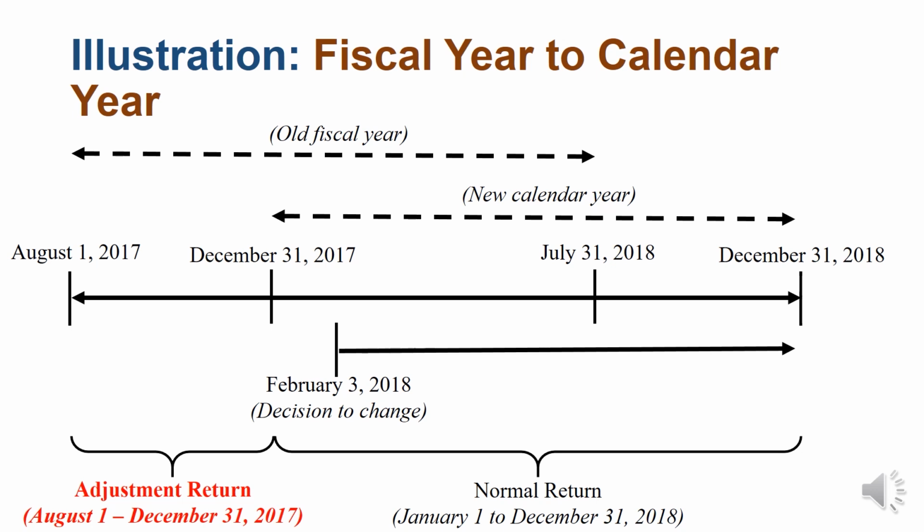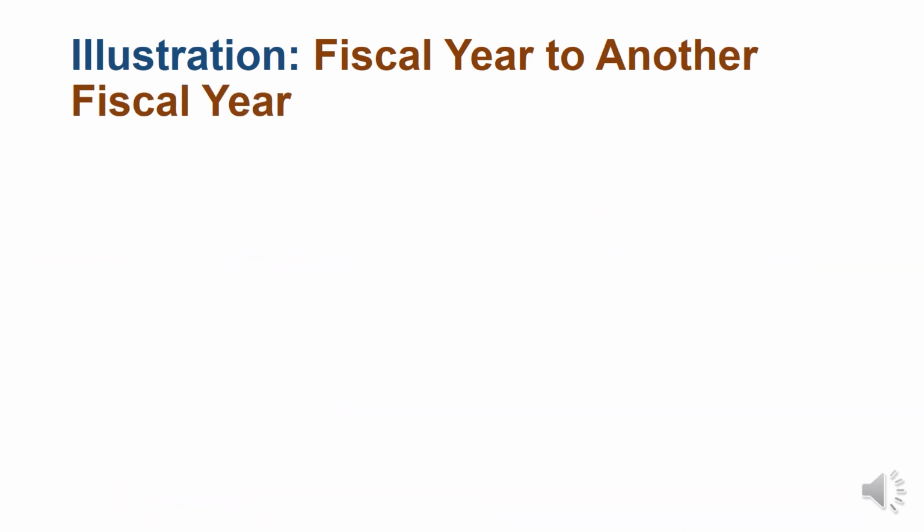Therefore, those incomes beyond the 12-month period, meaning from August 1 to December 31, cannot be reported in the new normal return. Okay? Therefore, there must be a separate adjustment return. Okay? So, the third example illustration is a change from fiscal year to another fiscal year.